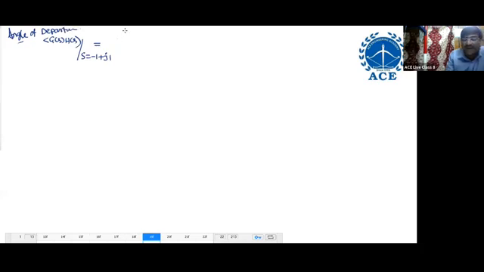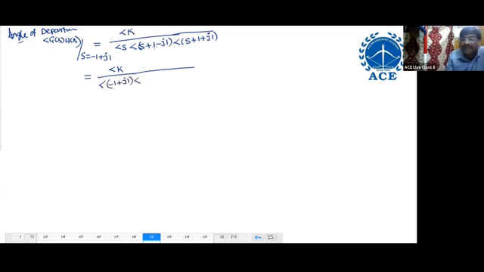Now come on, calculate the angle of K by s(s plus 1 minus j1)(s plus 1 plus j1). Angle of K. Angle of s at s equal to minus 1 plus j1: if you substitute, what will I get?